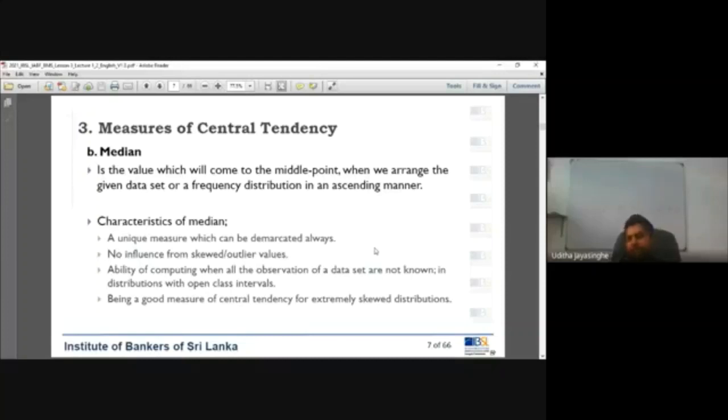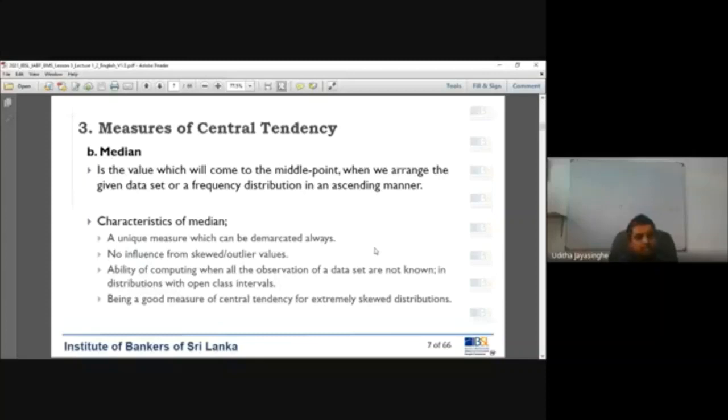Look at the third point. Ability of computing when all the observations of the data set are not known, in distributions with open class intervals. It's a similar point to what we discussed under mode. Going back to our last week's discussion, when we define class intervals, let's say we have 10 to 15, 15 to 20, 20 to 30, and 30 to 40. From 40 onwards, we're not discussing, and below 10 also, we're not discussing.